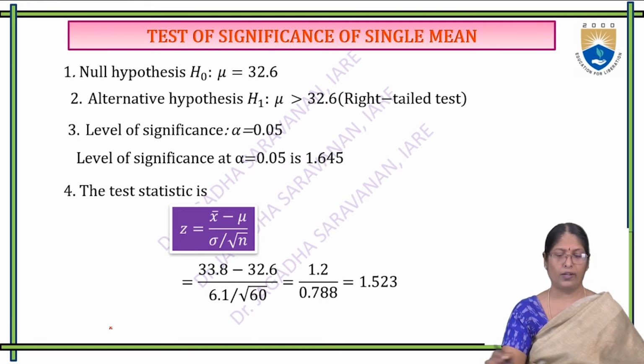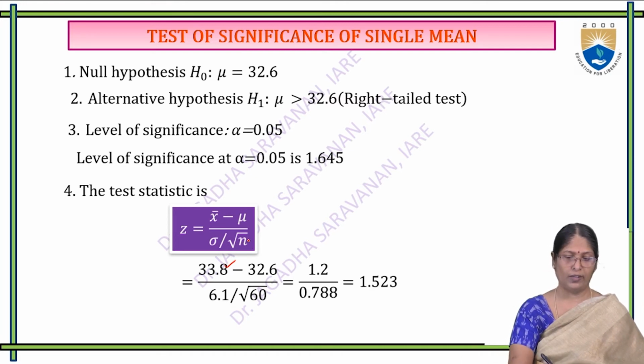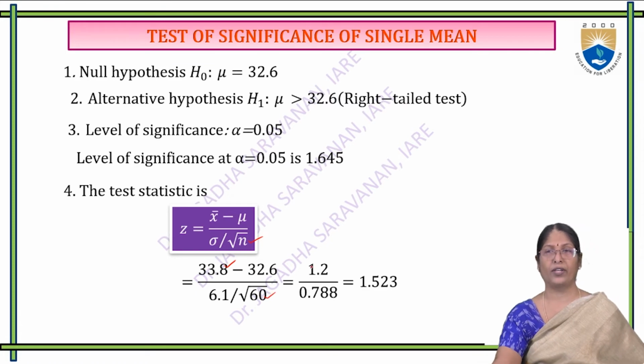So x bar is replaced by 33.8, mu is 32.6, divided by 6.1 over root n, with n taken as 60. The numerator is 1.2 divided by 0.788. The final result we obtained is 1.523.